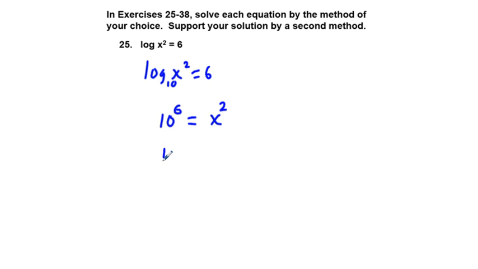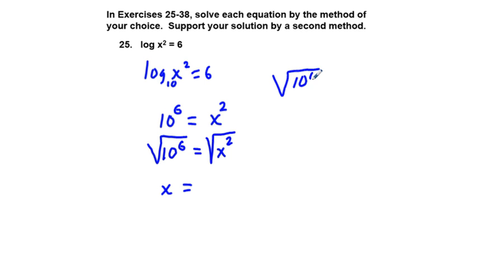In order to solve this, we're going to isolate x. To do that, we take the square root of both sides of this equation. The square root of x squared is going to be x. And the square root of 10 to the 6th power is the same thing as 10 to the 6th raised to the power of 1/2.